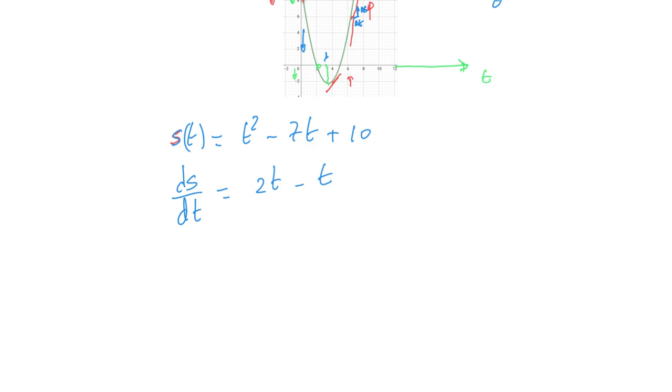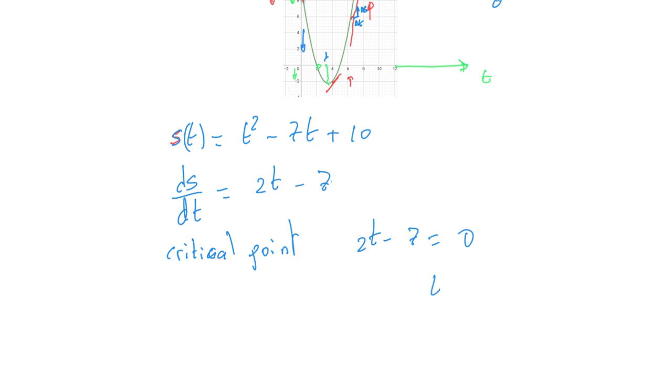So what is the critical point? The critical point is when the derivative of s with respect to t, sorry, I don't know why I wrote minus 7, 2t minus 7 is 0.